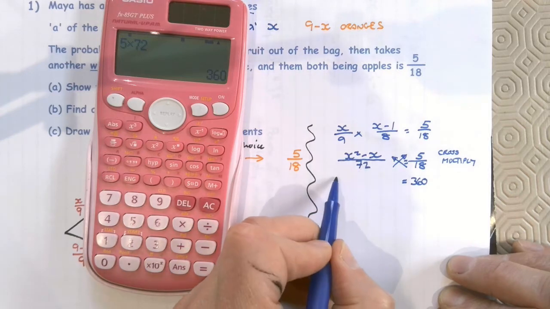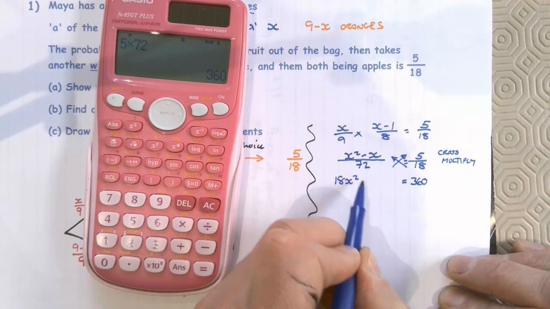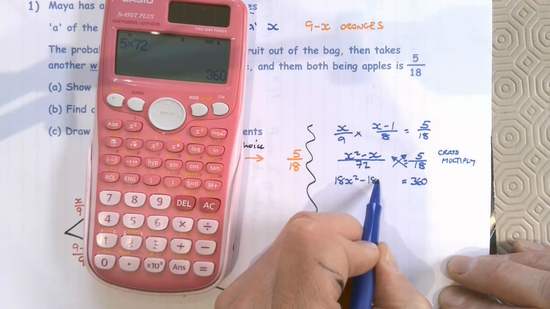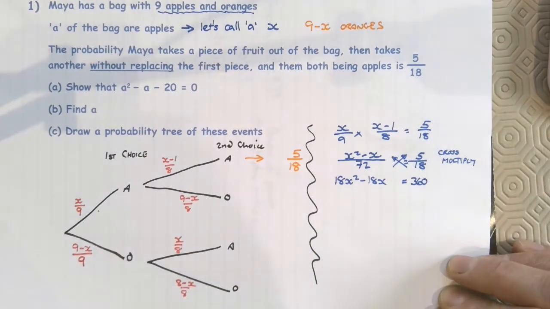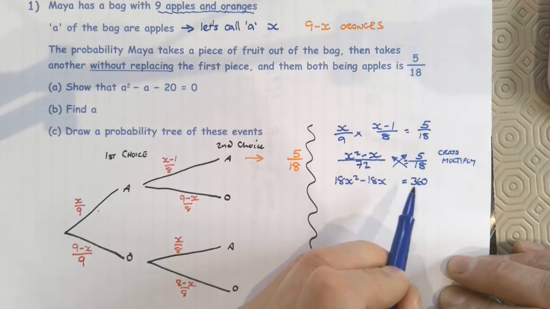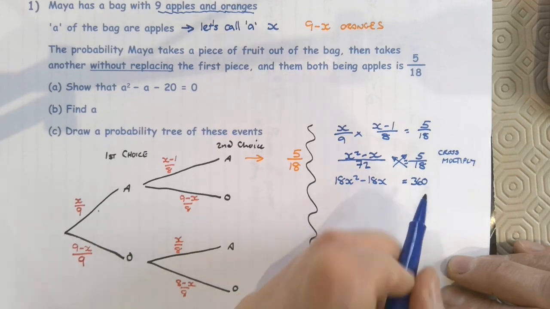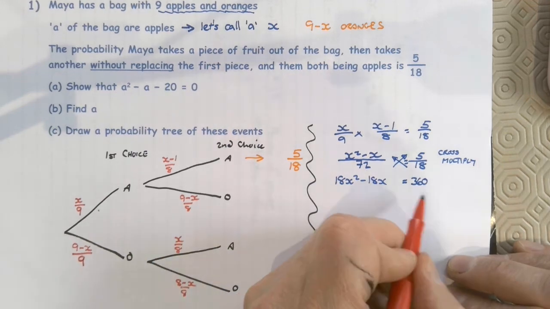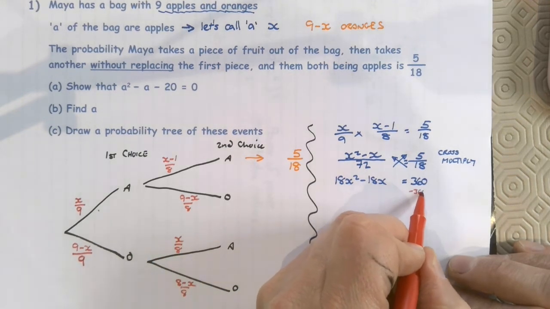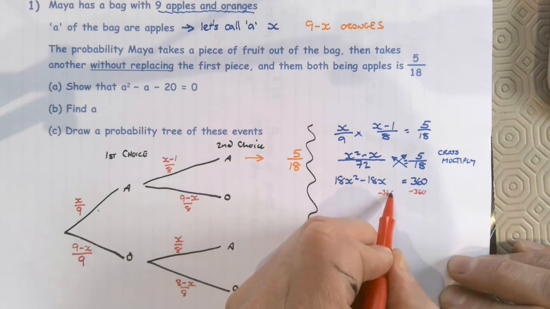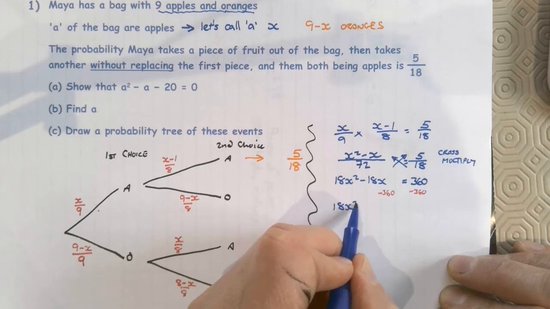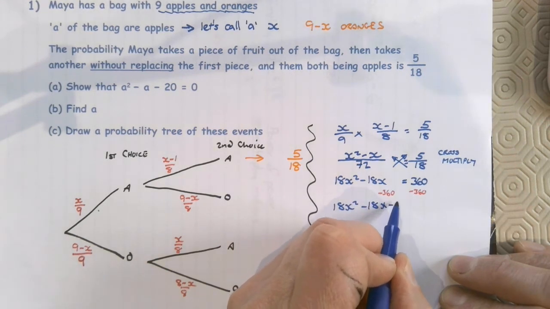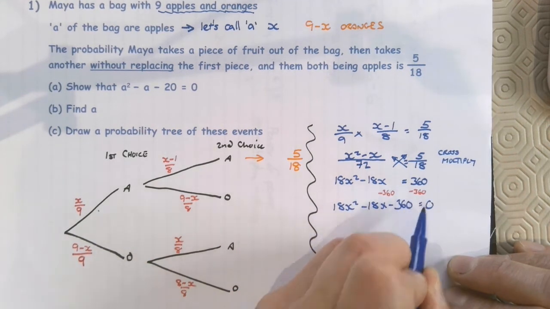So we're going to get 18 lots of x squared, take away 18 lots of x. Okay. Now it's starting to come together. It's almost a quadratic. Let's put this over the other side. Set it to 0. So I've got 18x squared, take 18x, take 360 is 0.